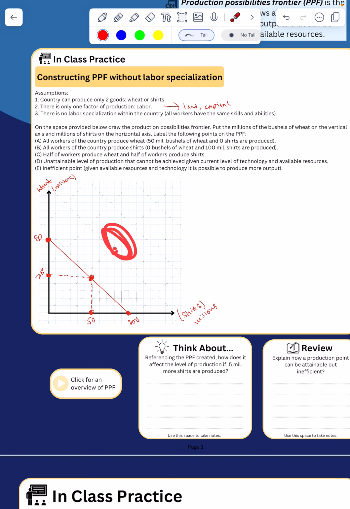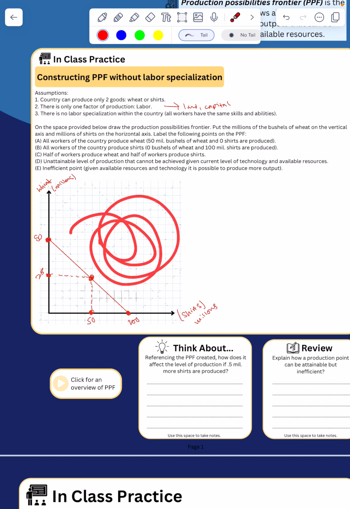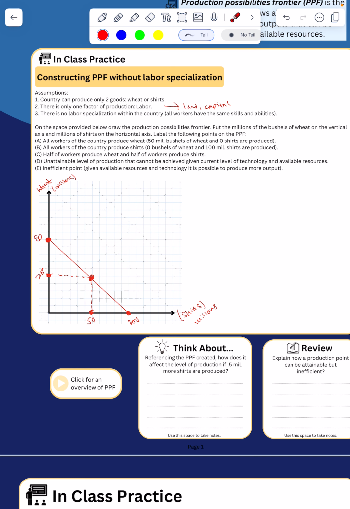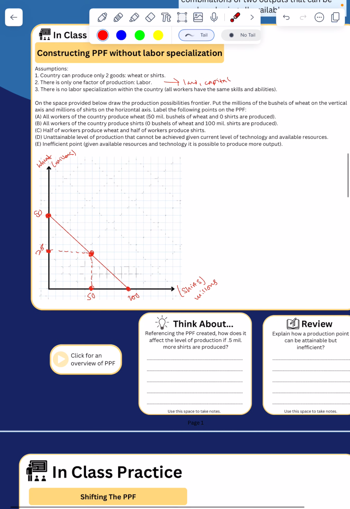A point outside this line would be unattainable because we don't have the right amount of resources or technology to achieve that. But if we could, that would obviously be ideal, but we can't. And how we get there is through something later in the chapter called international trade.